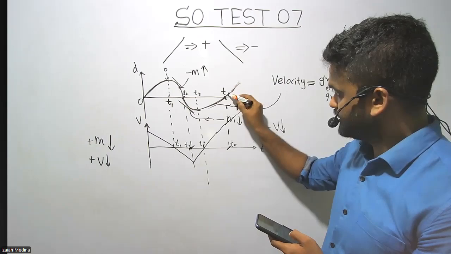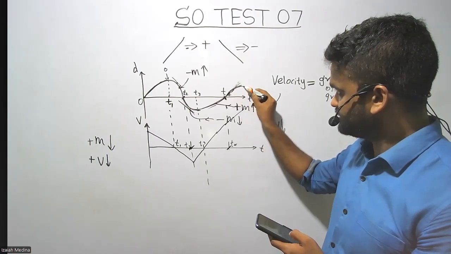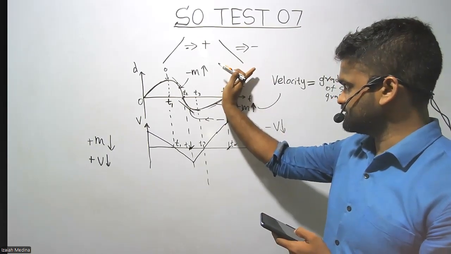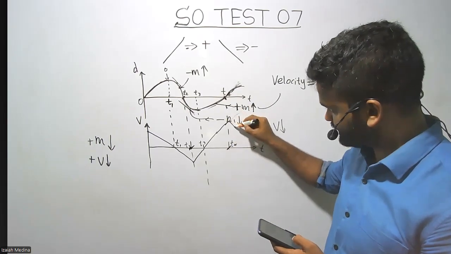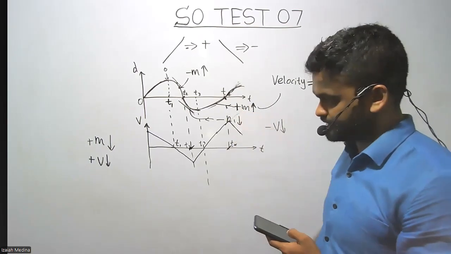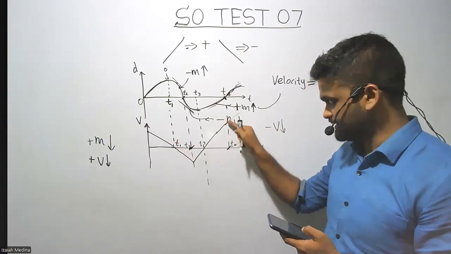No, the velocity is decreasing, but the positive velocity is decreasing. So it will be like this. Positive velocity, but it is decreasing. So the VT graph would be like this.